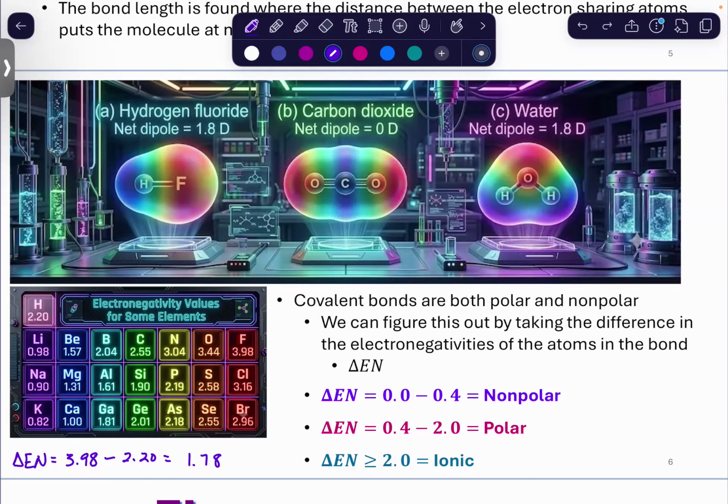If you look at hydrogen fluoride, you're going to have your partially positive region at hydrogen and your partially negative region at fluorine. I'll draw the dipole in here, but we'll talk about it more.